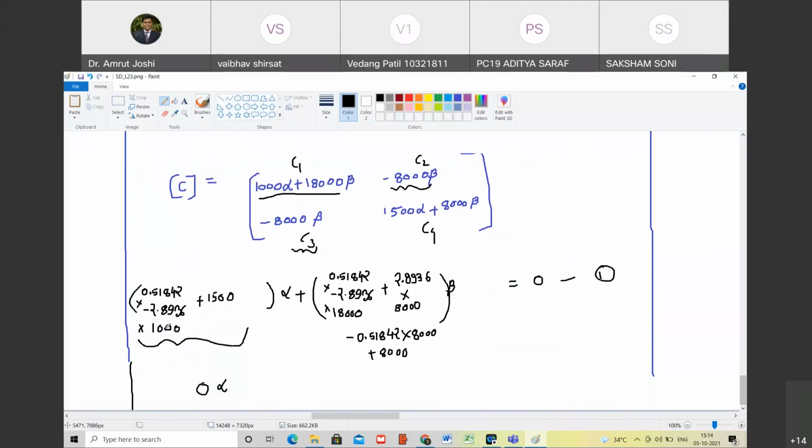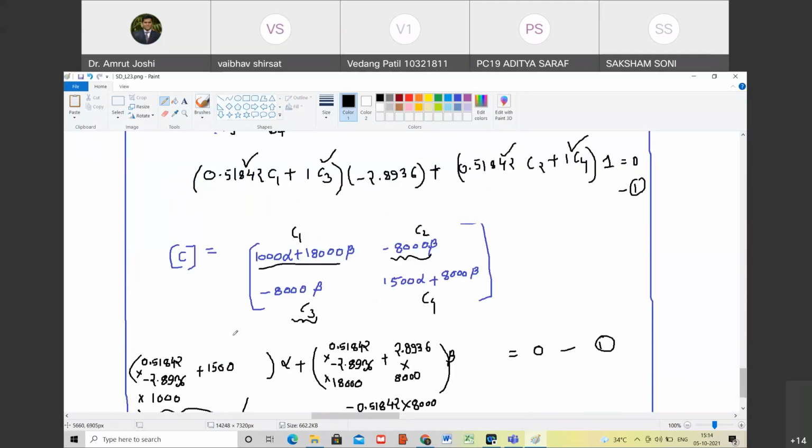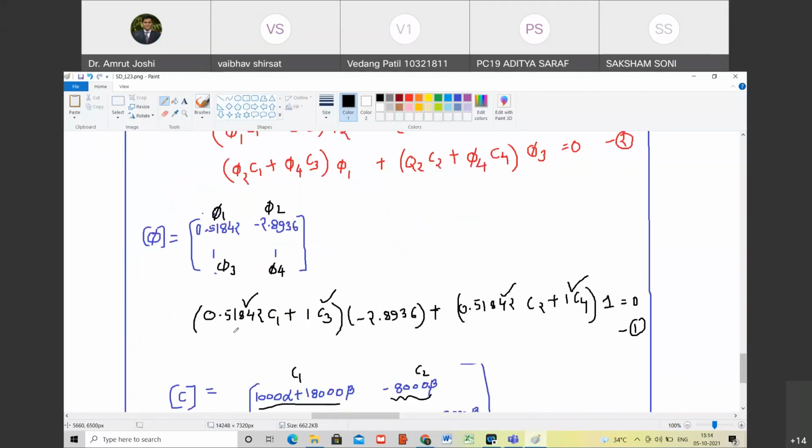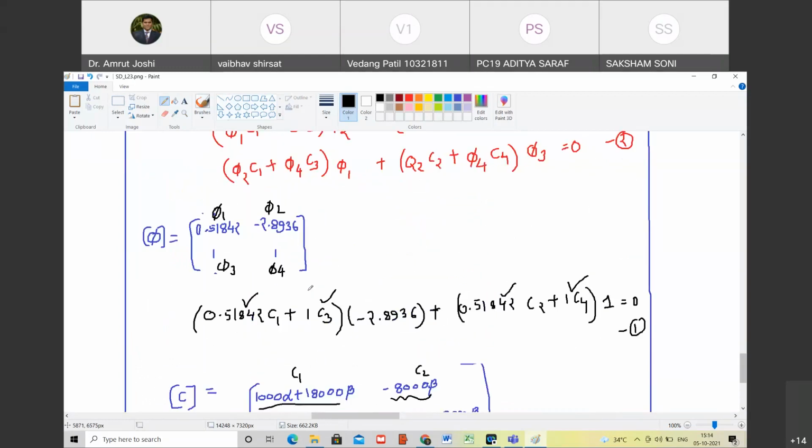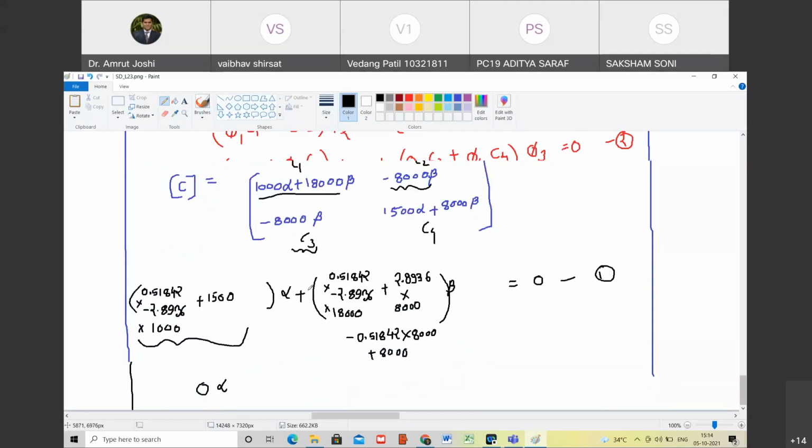Sir, to be precise, it is coming actually minus 0.1. नहीं वो 0. ओके.